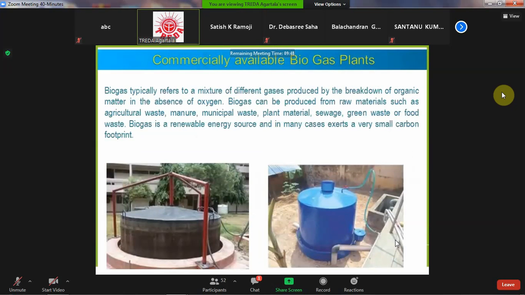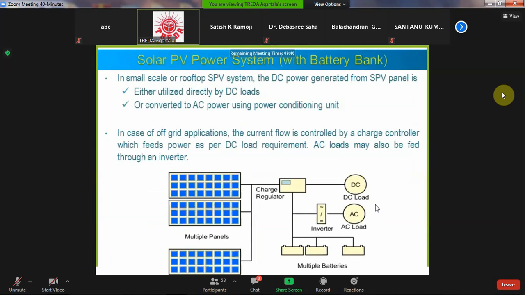This is a microgrid system also. So in a small power plant, we can connect multiple modules, and there is a charge regulator, charge controller, and inverter.